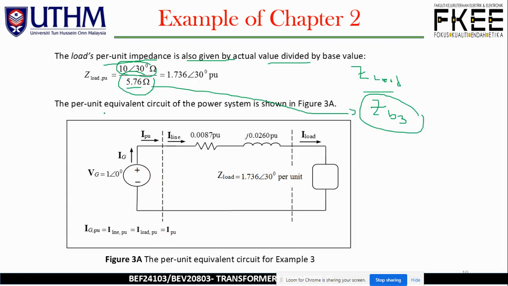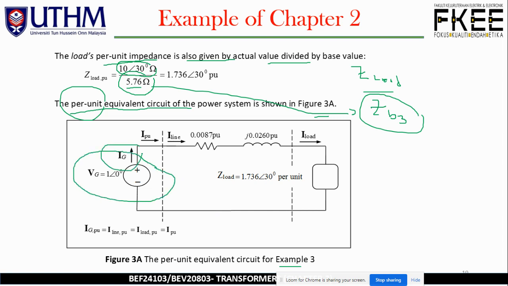And then at the end of this analysis, we are able to come out with the PU equivalent circuit shown in figure 3A above or below. So this is the PU equivalent circuit for example 3. This is the generator.